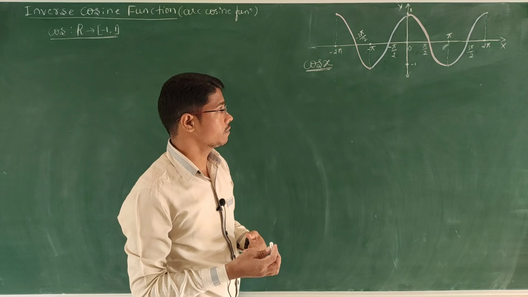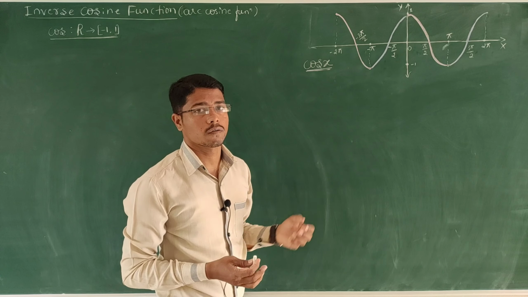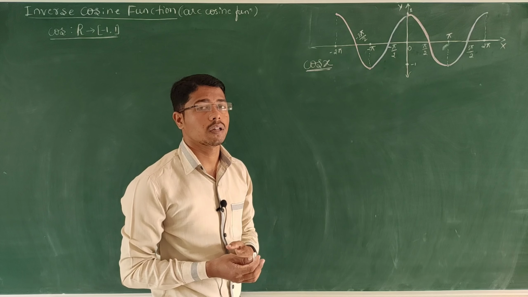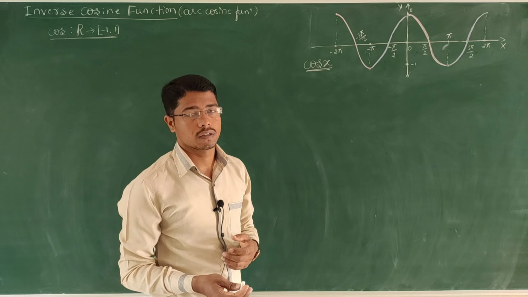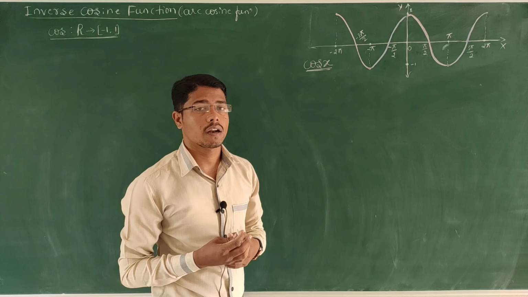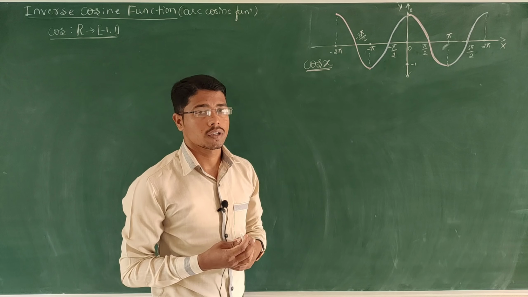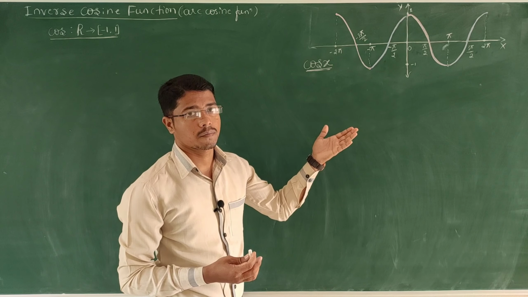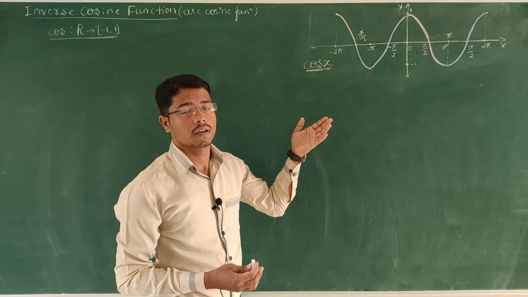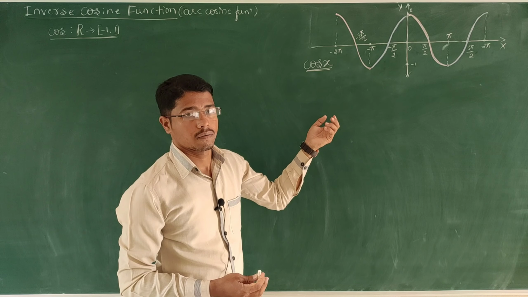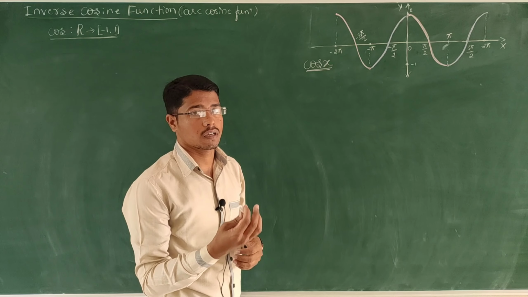So first we have to make it bijective. That is possible by restricting its domain and range. By restricting the domain and range of the cosine function, we can make it bijective. If it becomes bijective, we can invert it, meaning we can define the inverse of cosine.